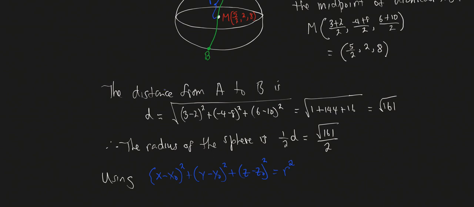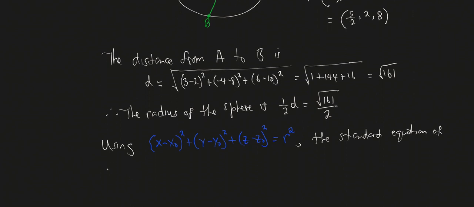So using this, the standard equation of the sphere is, right? So with lots of points and lots of numbers, just be clear which ones you're using. So this is your x0, y0, z0, that's your center, and of course this is your r.